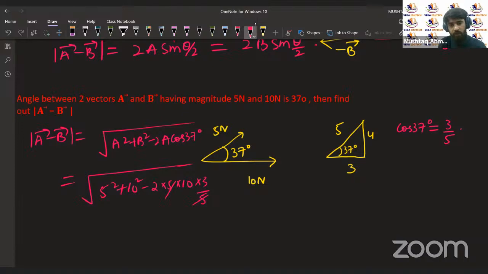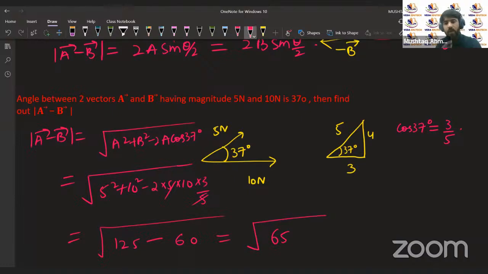This 5 and 5 will get cancelled, so it will be 125 minus 60, so it will be under root of 65. Under root of 65 will be approximately close to 8 but slightly greater than 8, approximately equal to 8.1. So this will be the magnitude of a minus b.